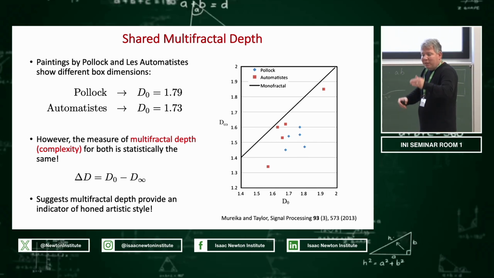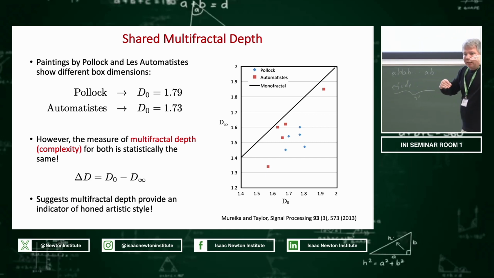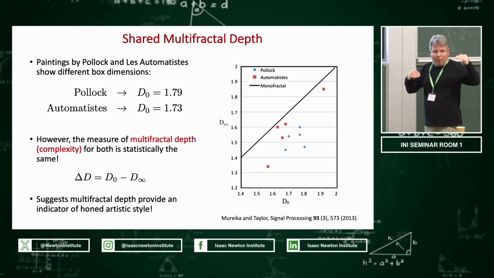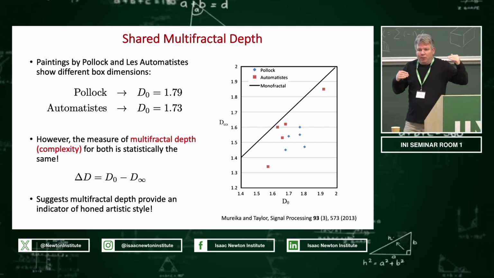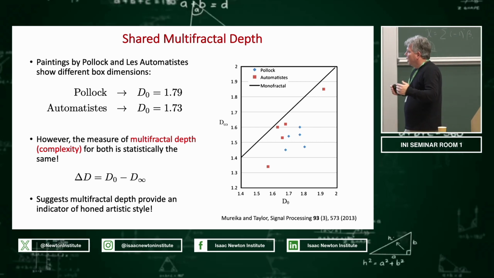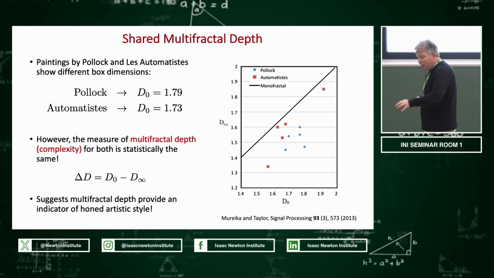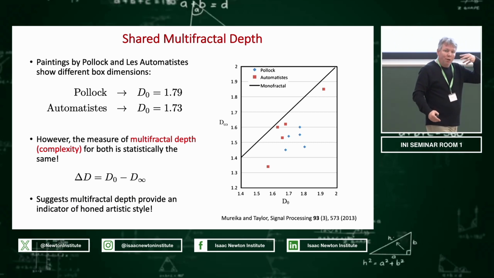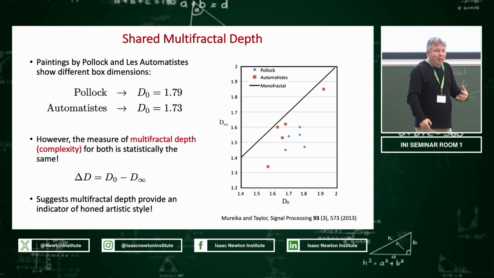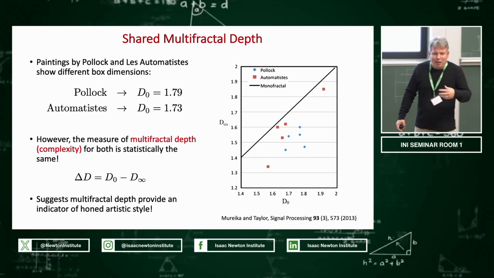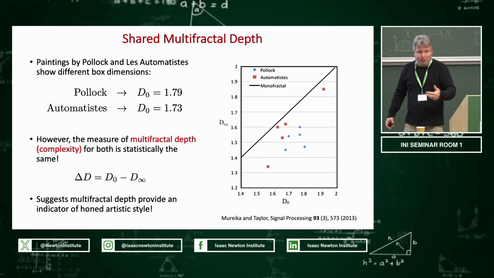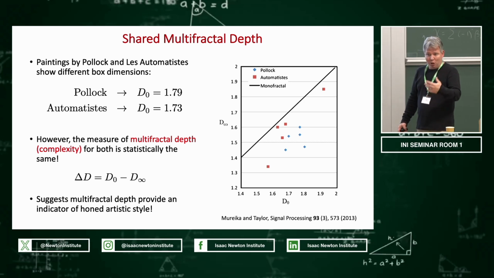So the depth of the painting, whether it's Pollock or the Automatiste, is identical. And that intrigued us because it suggests maybe that's some kind of additional datum that can be thrown into an authentication analysis: is this a real artist that did this, or is it someone else?